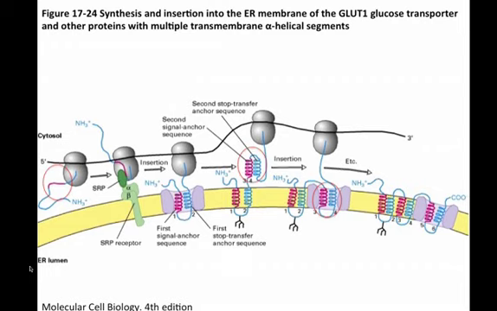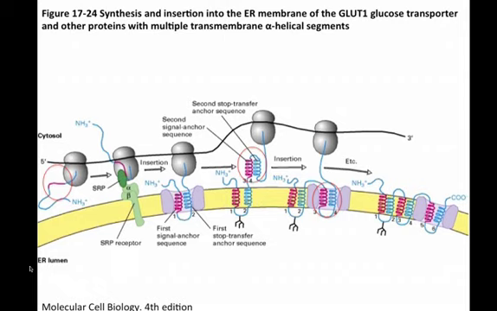Okay, so this is the synthesis and insertion into the ER membrane of the GLUT1 glucose transporter. This is that protein that helps to bring glucose out of the blood into the cell. Right, so here you're having this internal signal sequence.